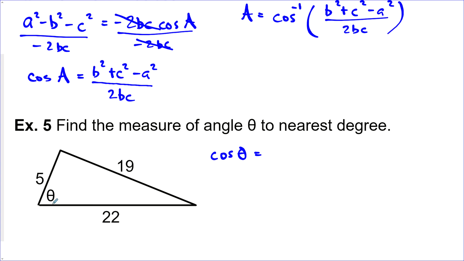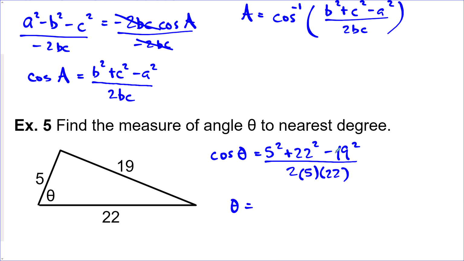This one would be one of these sides that's not opposite our theta, so 5. And this would be the other one, 22 squared minus 19 squared all over 2 times 5 times 22. Now we can put this in our calculator, we can take the cos inverse, and we get that in this case, to the nearest degree, theta is 48 degrees.